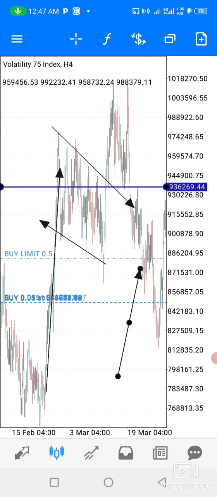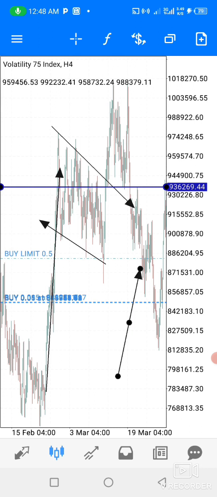Currently, I'm planning to generate signals in my VIP channel on the V75 index. We are expecting over 170,000 pips from the bear market that is going to start on the Volatility 75 index, because I know that Volatility 75 has hit close to 1.15 million.